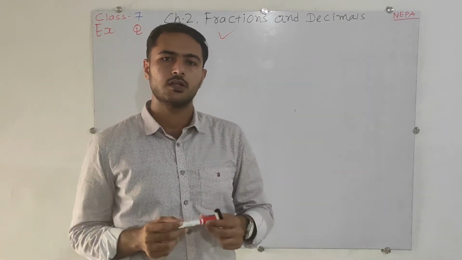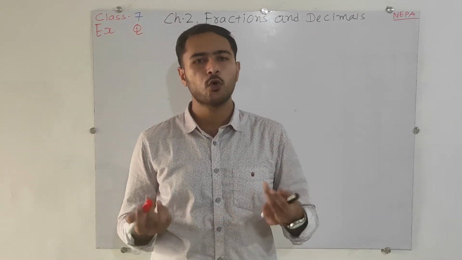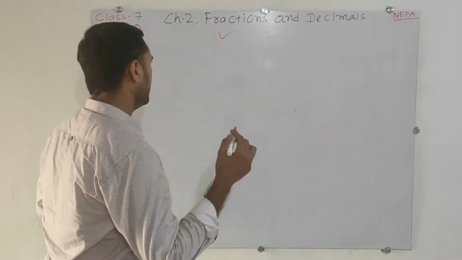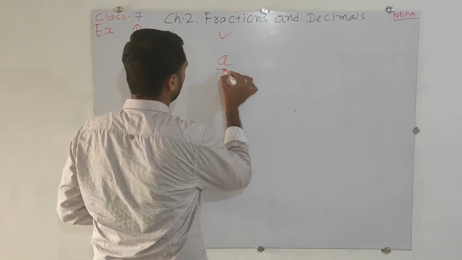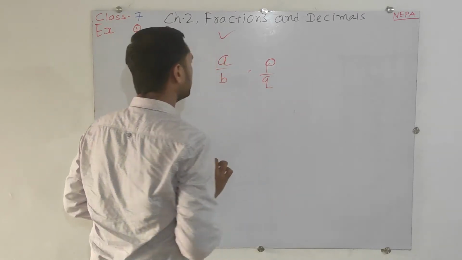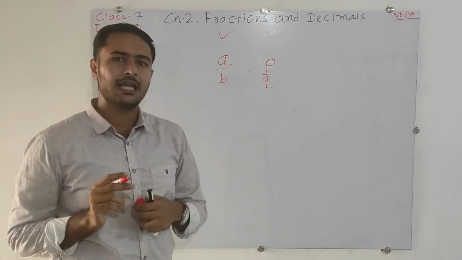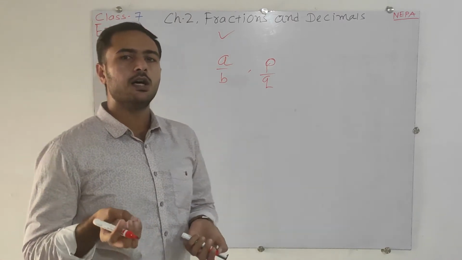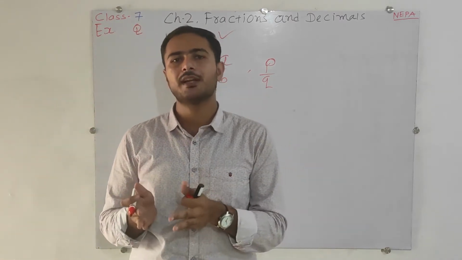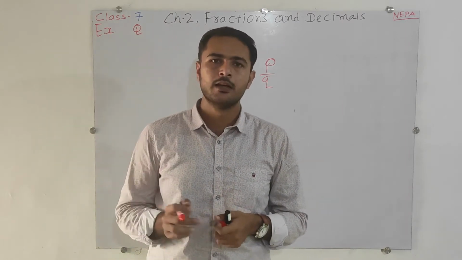Now, what is a fraction? The number which is in the form of p by q or a by b, whatever you say. What is the meaning of a by b and p by q? It means any number having a denominator and a numerator is known as a fraction.